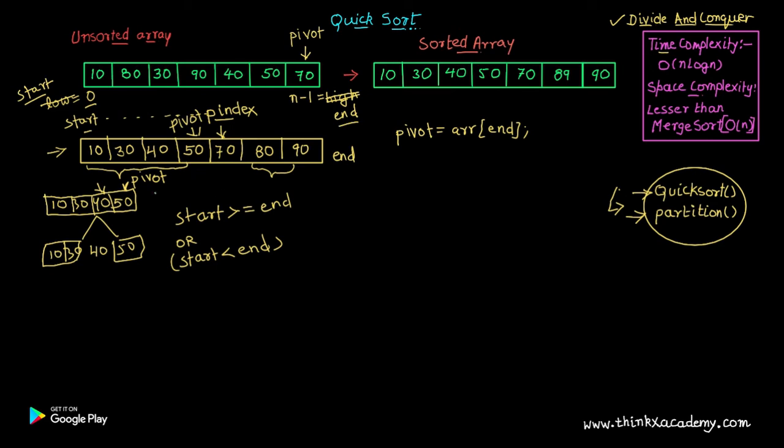It is just a logical way of showing that it is working in this manner, but the quicksort function will just change the start and end position and keep on rearranging these elements in the original array. It keeps changing the start and end position, picking up the pivot element and rearranging these elements, and after the value of start becomes equal to the end, it will just stop, and at that moment our array will become sorted.